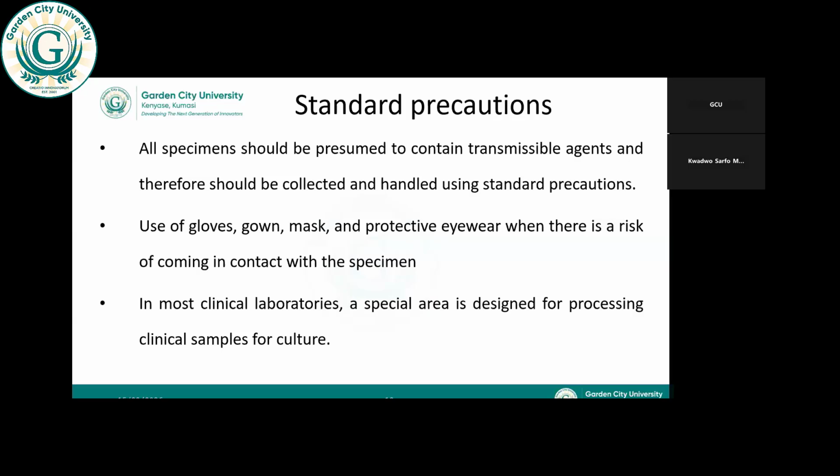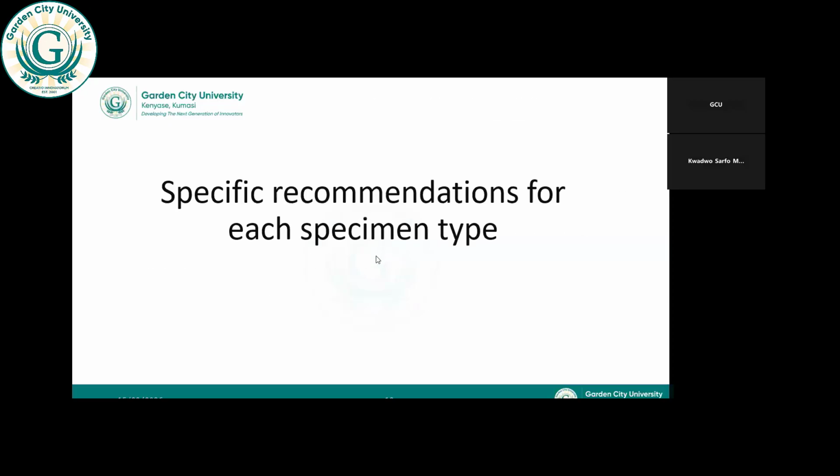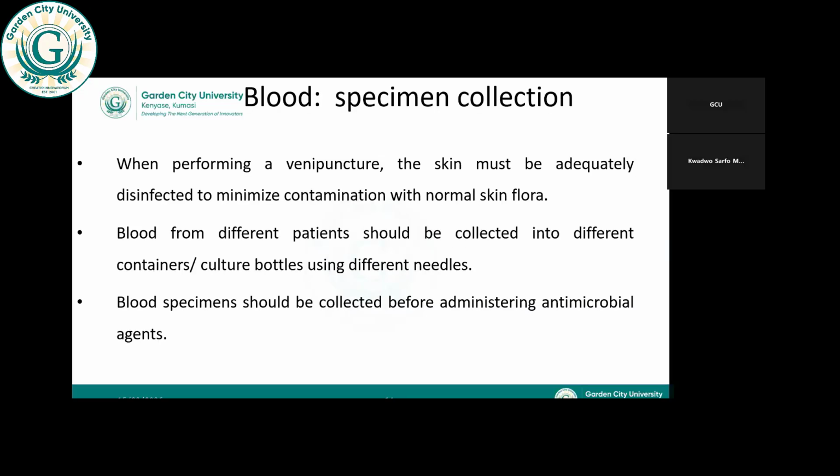And some facilities have areas that are designated for sample processing. So these have to be kept sterile all the time so that you don't have cross-contamination and causing infections as well. But we have specific recommendations for different specimen types.